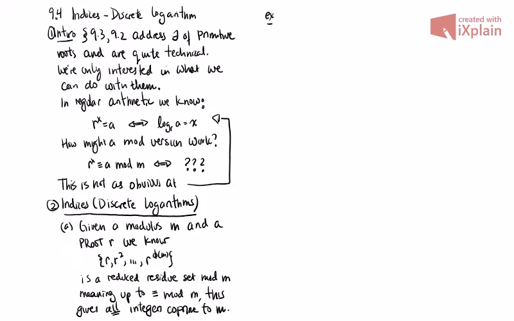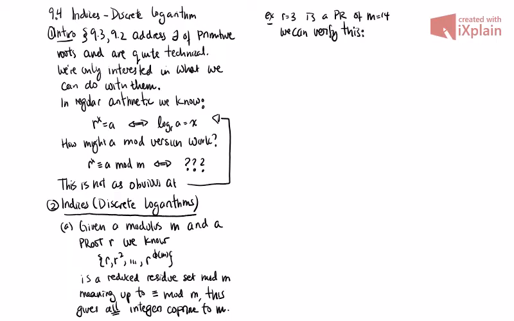So for example, r equals 3 is a primitive root of m equals 14. We can verify that by checking all the powers. It's worth doing this because it also helps us see what the statement has just said.